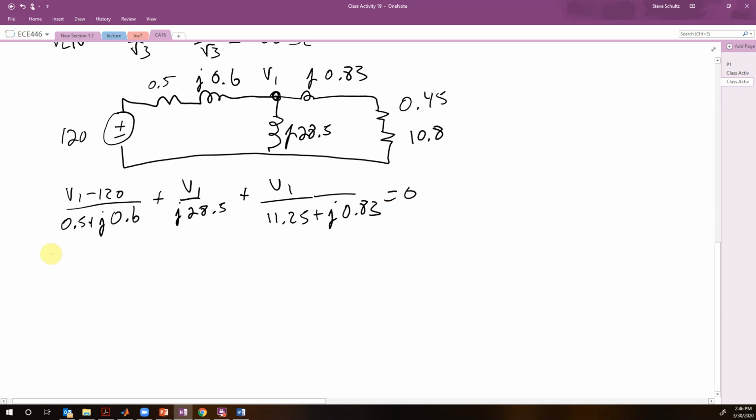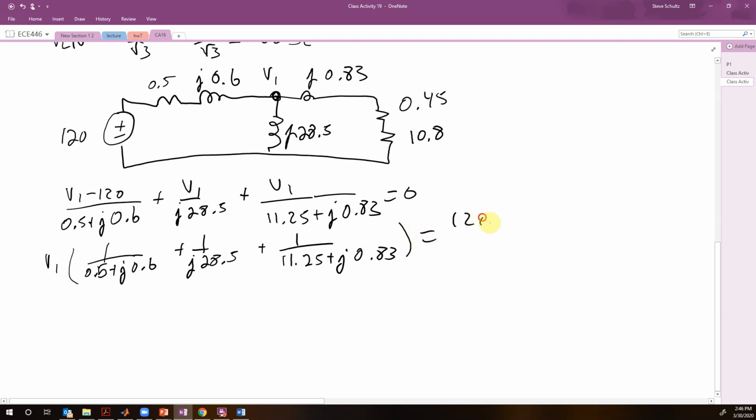So then we have V1 times (1 over (0.5 plus j0.6) plus 1 over j28.5 plus 1 over (11.25 plus j0.83)) is equal to 120 over (0.5 plus j0.6). And then we are just solving for V1.